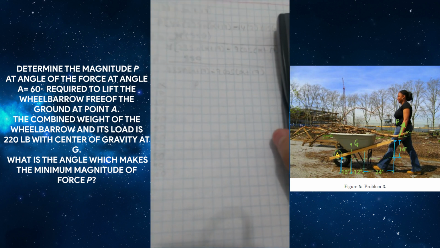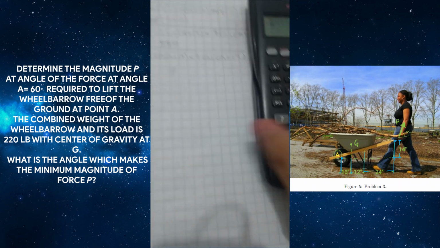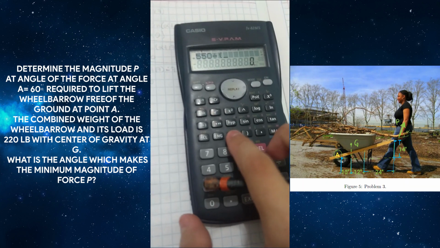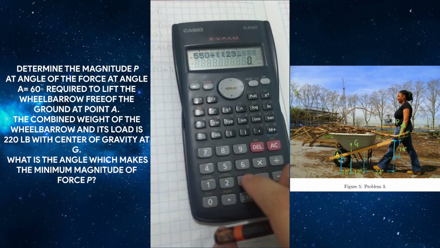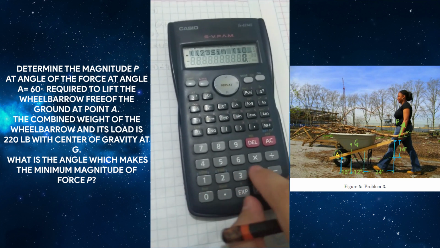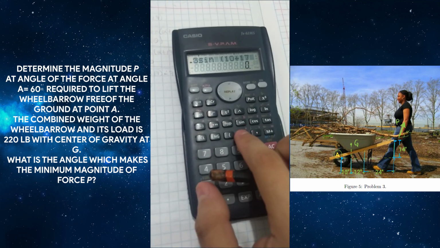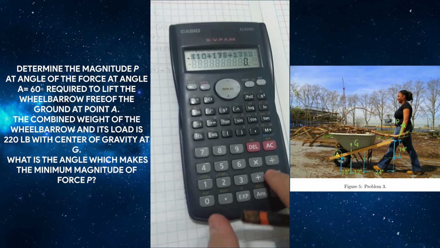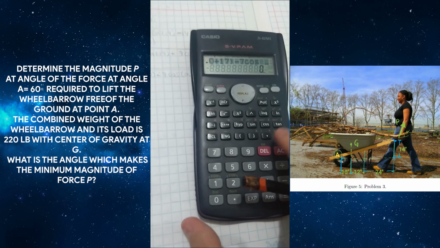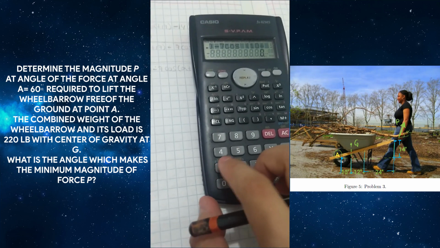This is going to be 550 over 23 sine of 10 plus 17 minus 7 cosine of 10 plus 17.